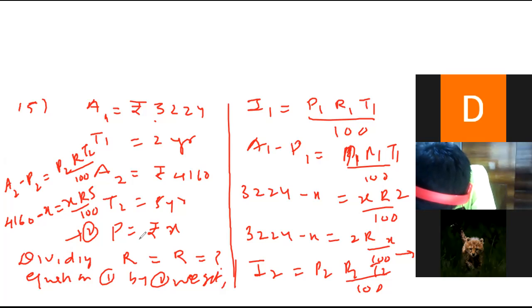Sir, what is the last line? Dividing equation 1 by 2, we get.